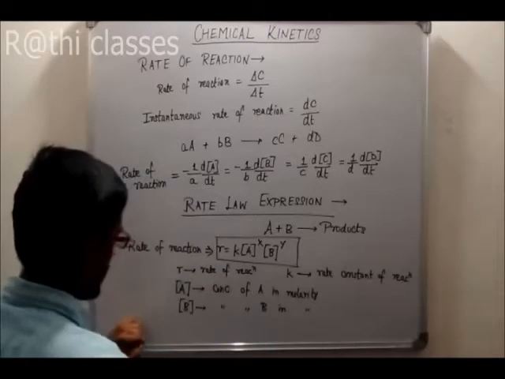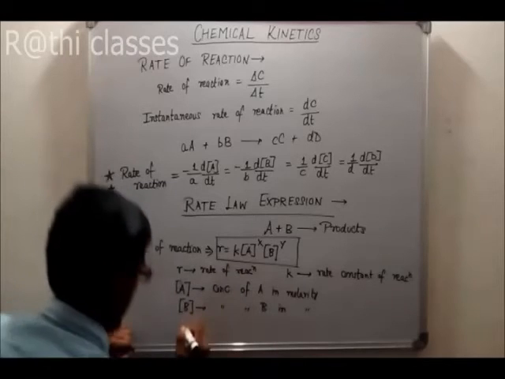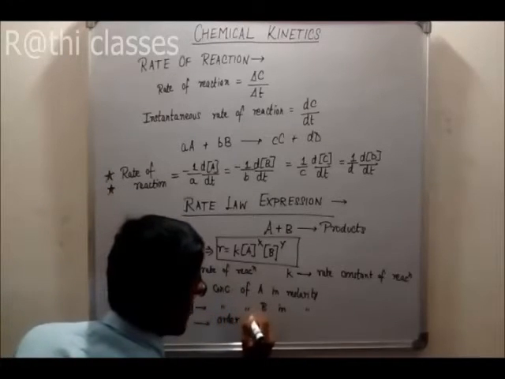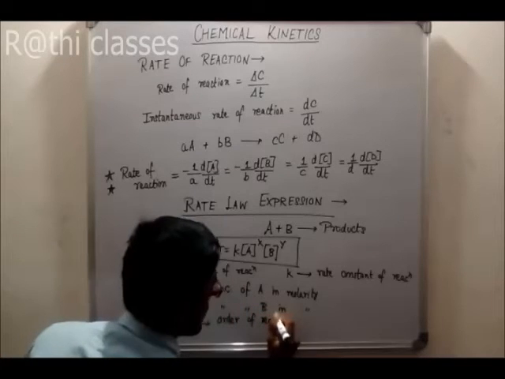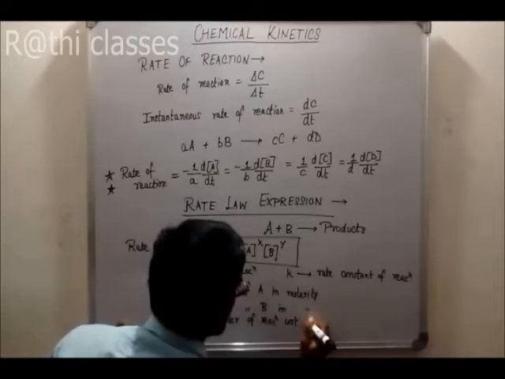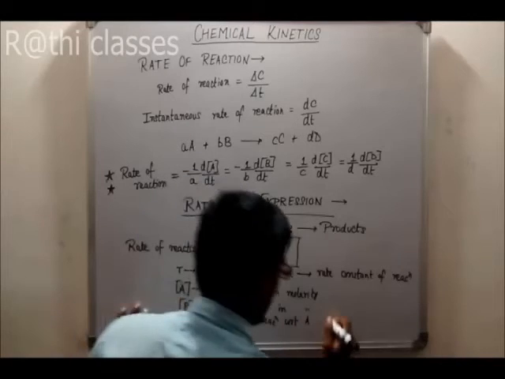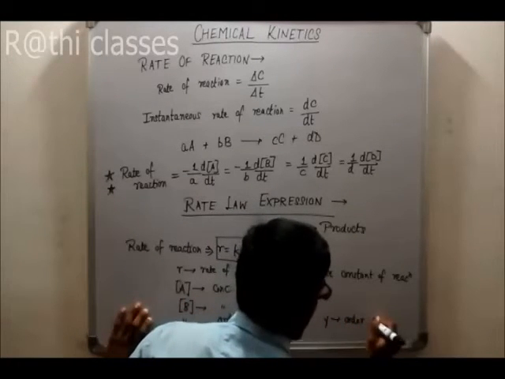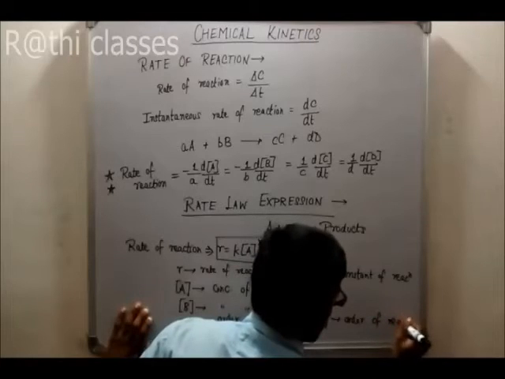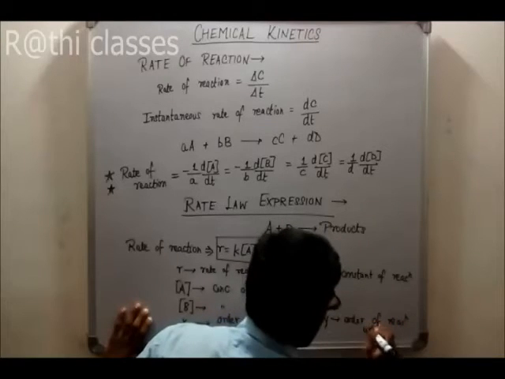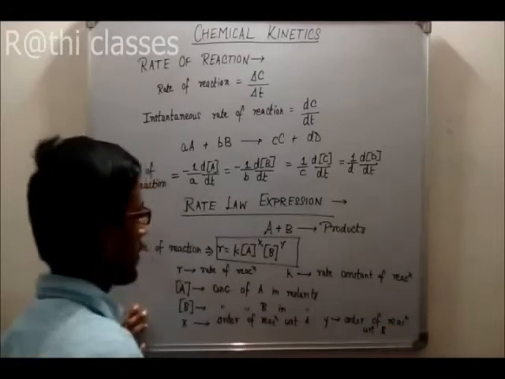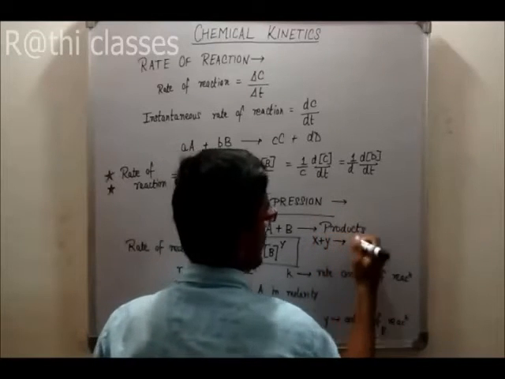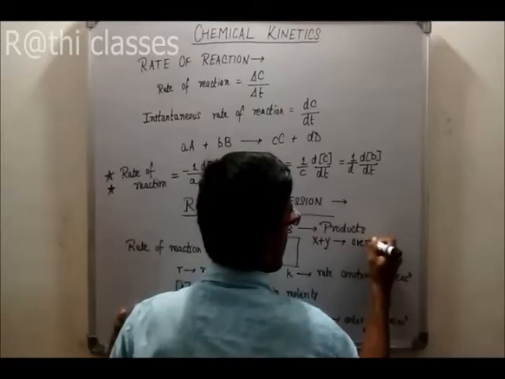X is the order of reaction with respect to A, and Y is the order of reaction with respect to B. X plus Y is equal to the overall order of reaction.